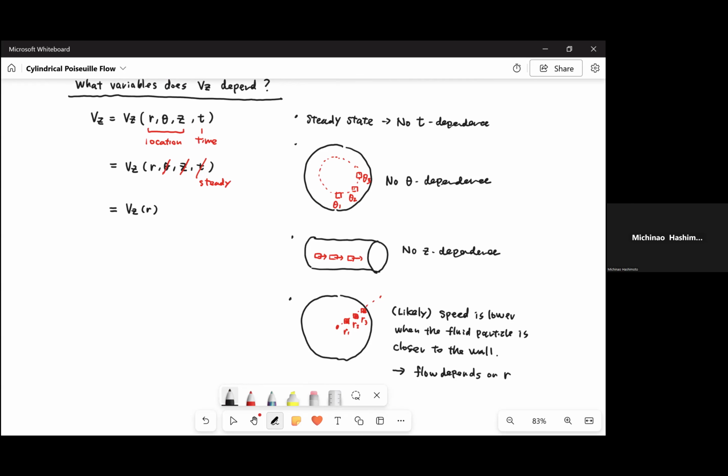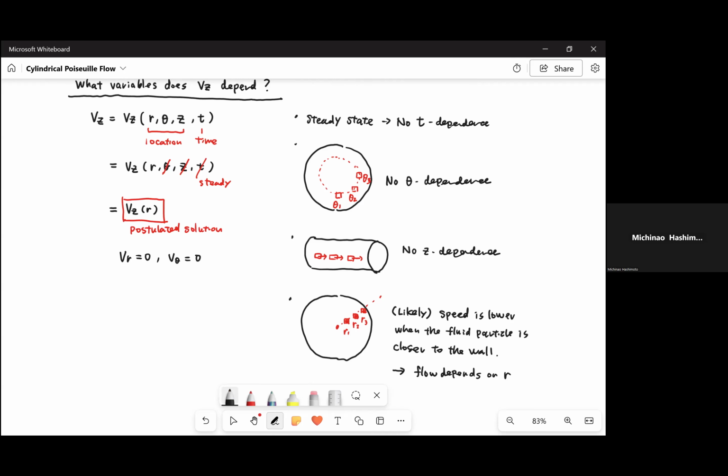So this is our postulated solution, in addition to v of r equals 0 and v of theta also equals 0.